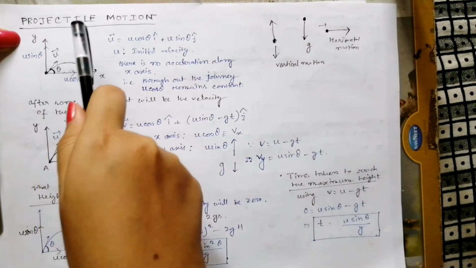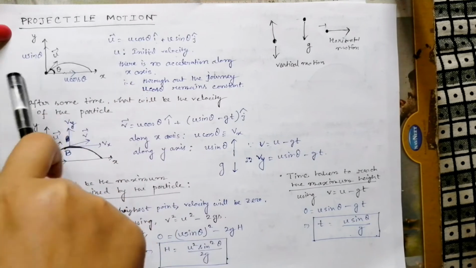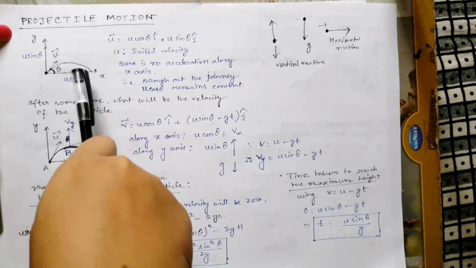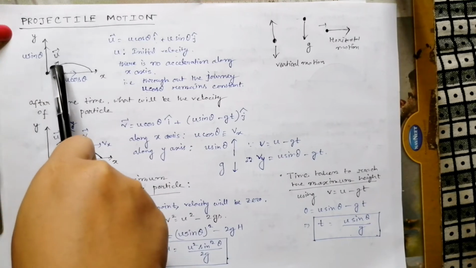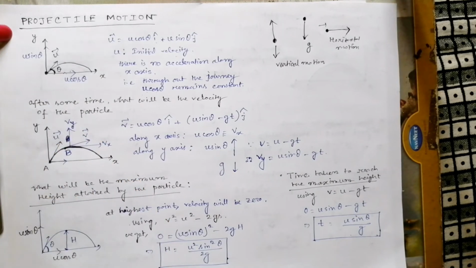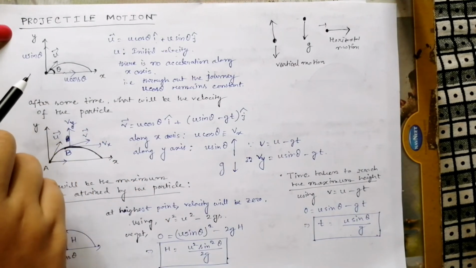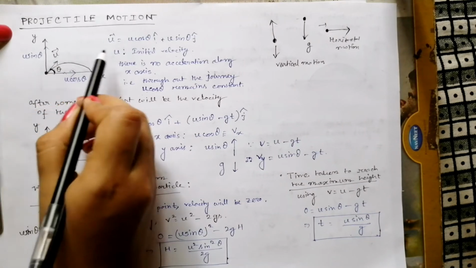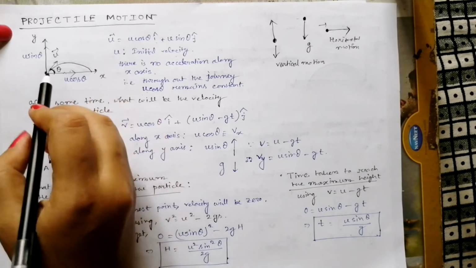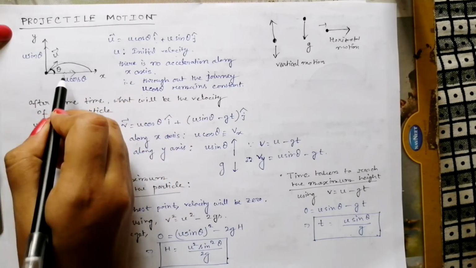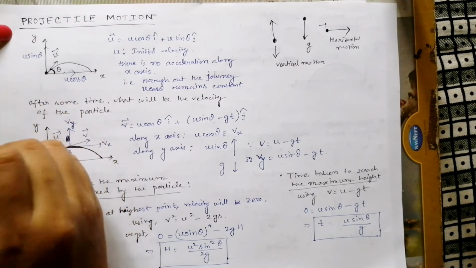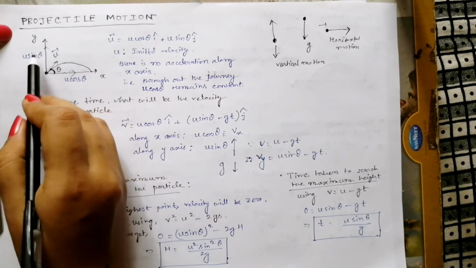Now, in case of projectile motion, if we throw a particle in such a way that it covers a horizontal direction as well as a vertical direction too. Here in this diagram, you can see that I have thrown a particle with some initial velocity u at an angle theta with the horizontal. As u is a vector quantity, we can split it into two components.